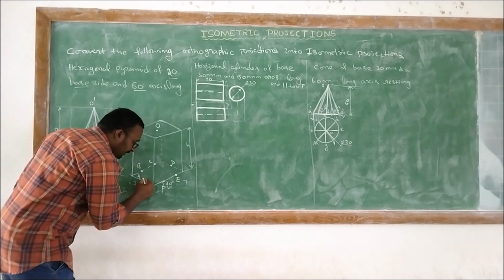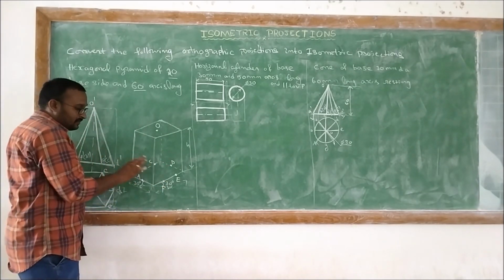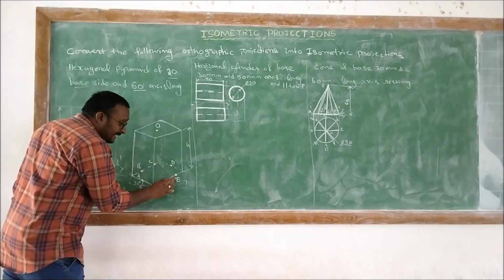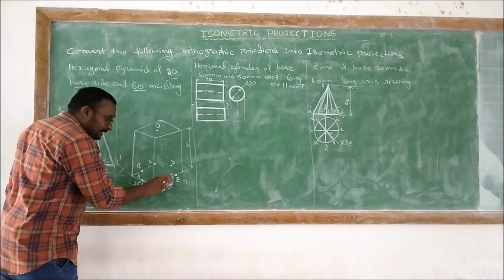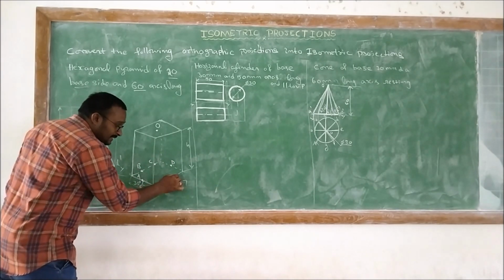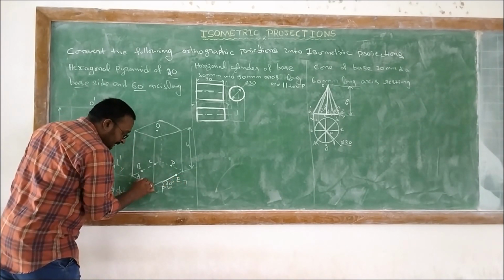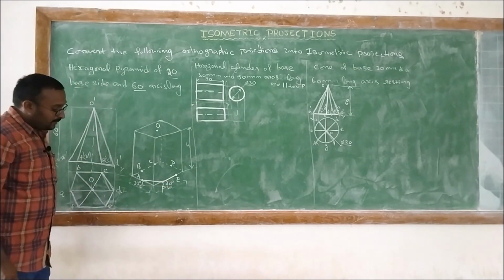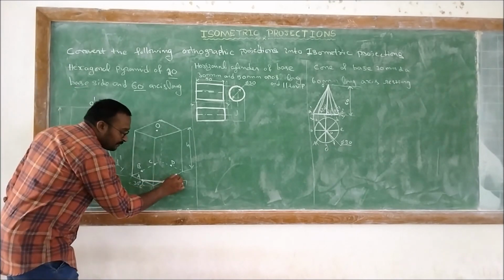Then combine all of them with the visible lines. Here BC, CD, DE lines must be invisible, and then FE and AF lines will be visible.